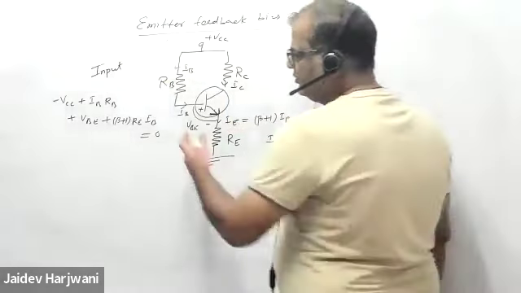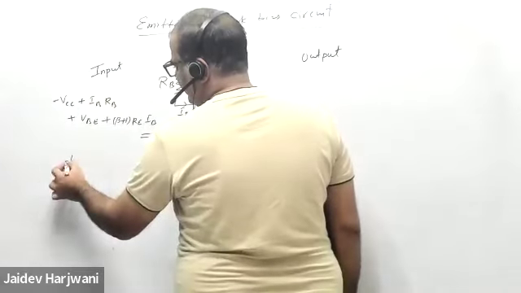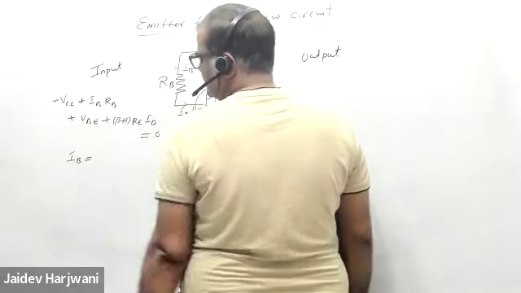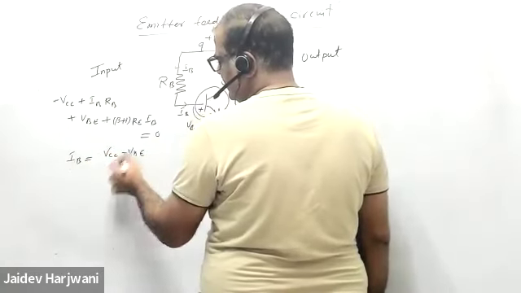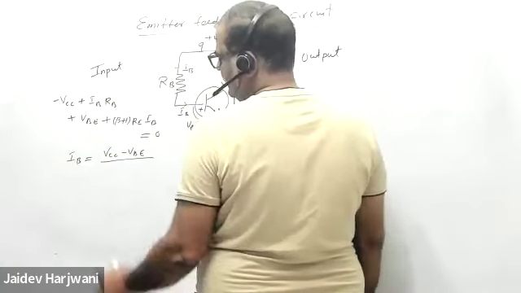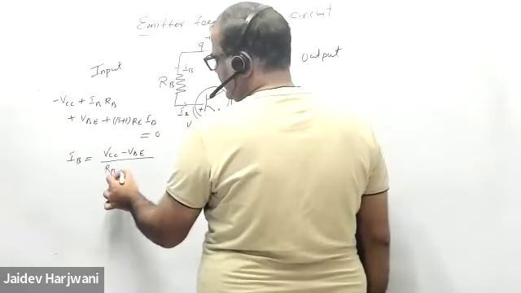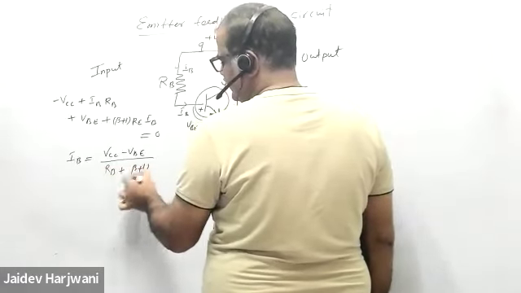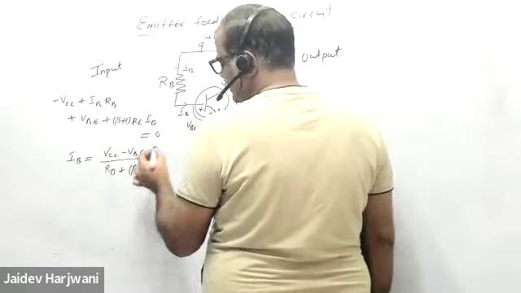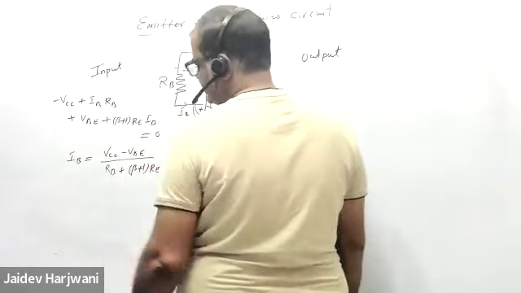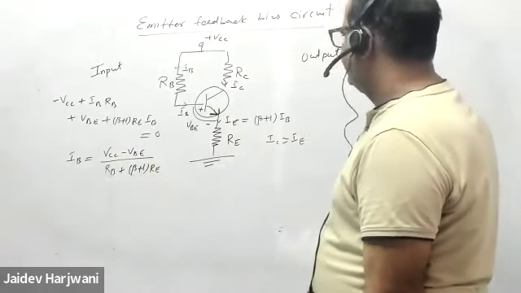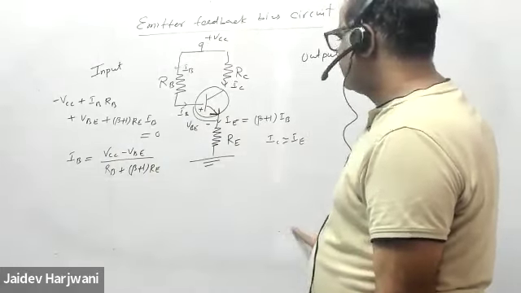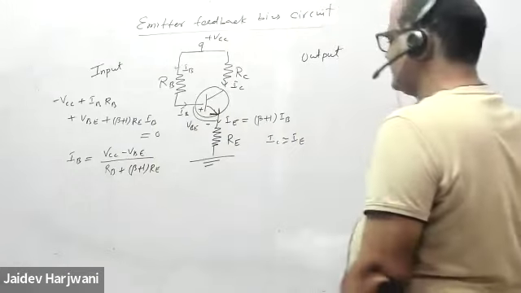Okay, now you can calculate the value of IB from this equation. So IB will be VCC minus VBE upon RB plus beta plus 1 RE. If you want, you can write it as beta RE also, because 1 is negligible. Whenever you can neglect 1, it will not affect the accuracy much.